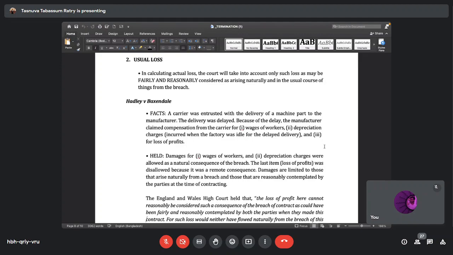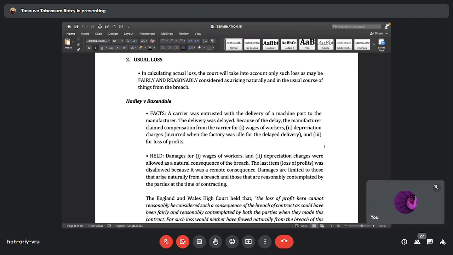Because of the delayed delivery, the party of course had to compensate for the wages of the workers as well as the depreciation charges. The court considered that a natural consequence, as well as fair and reasonable. However, the last item, the loss of profit, was disallowed because it was a remote consequence.